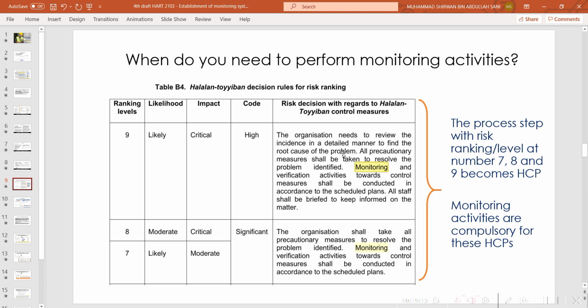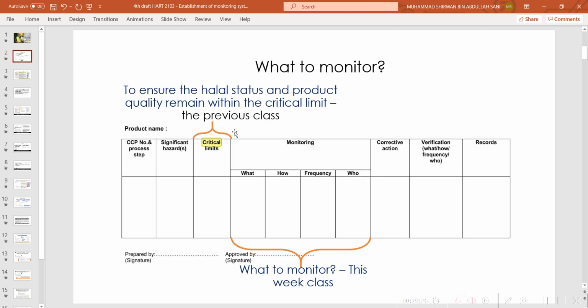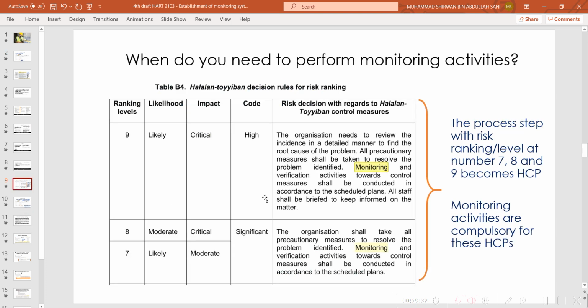So any step having ranking 7, 8, 9 will become HCP, and this step will be brought forward to this table, halal table risk management plan, and you need to monitor this step. All right. So monitoring activities are compulsory for this HCP.